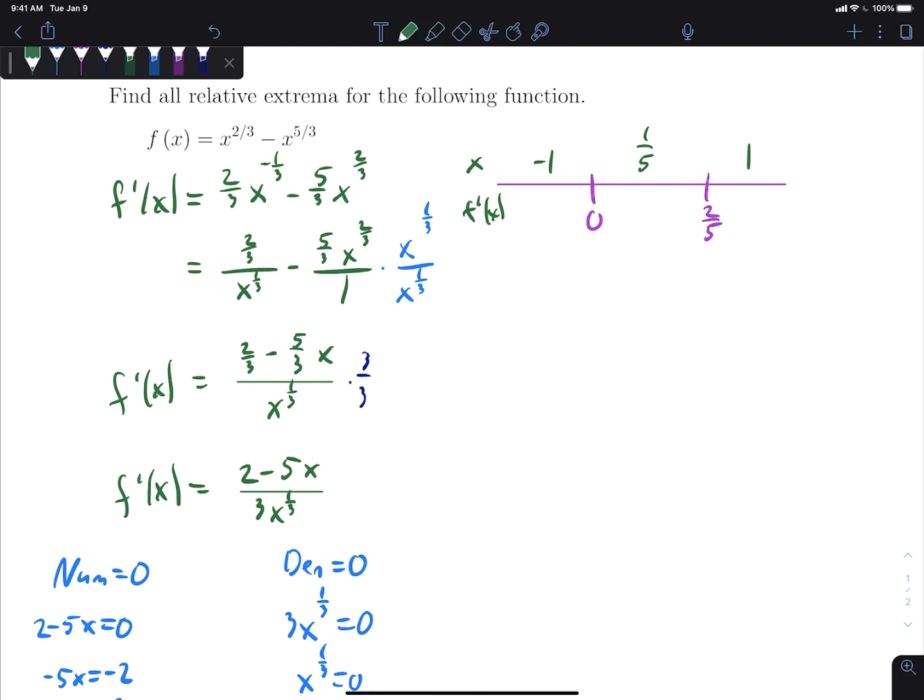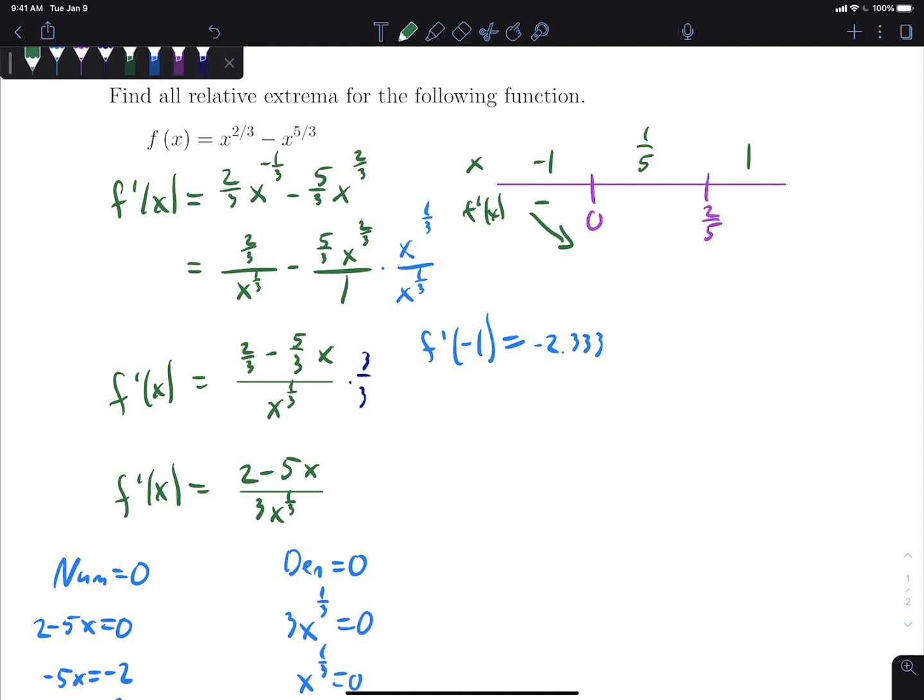Now, I want to know what is f prime of x. Well, f prime of negative 1, I need to know what that is. So if I type that into the calculator, that's going to give me negative 2.333, which tells me that this is negative, so it's going down from left to right.